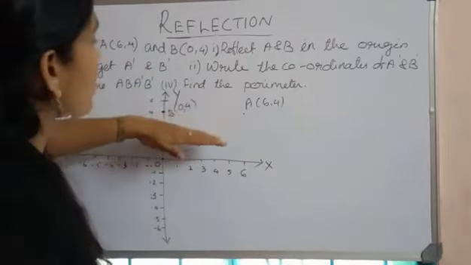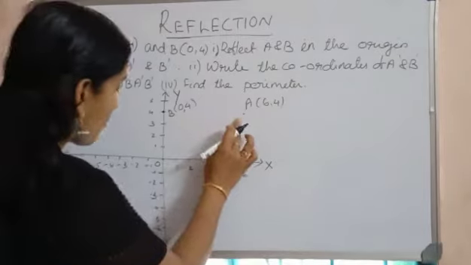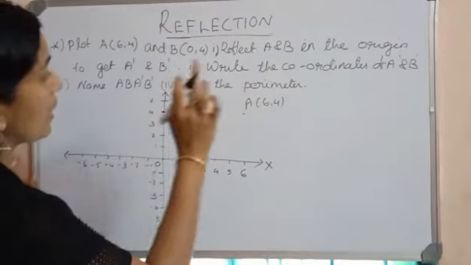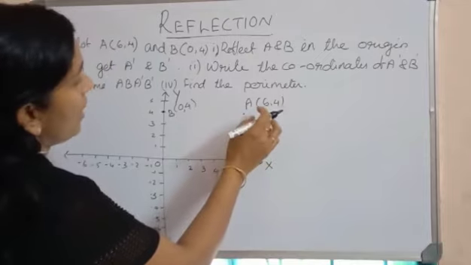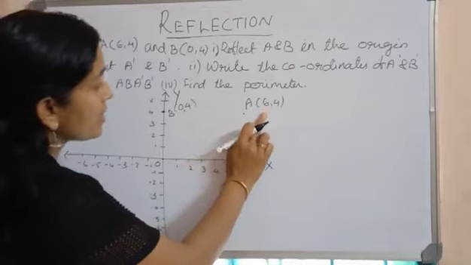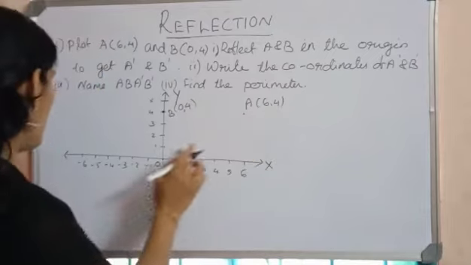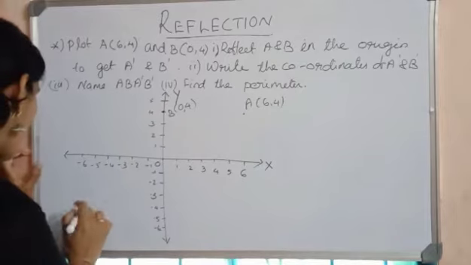The next part of the question is to reflect A and B in the origin. So when A is reflected in the origin, as we have seen, when the point is reflected in the origin, the x as well as the y coordinate changes its sign. That is, it is minus 6 and minus 4. So you need to see the other side. It is minus 6 and minus 4.